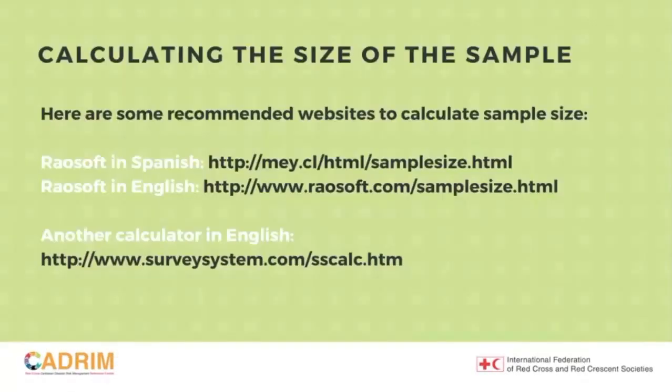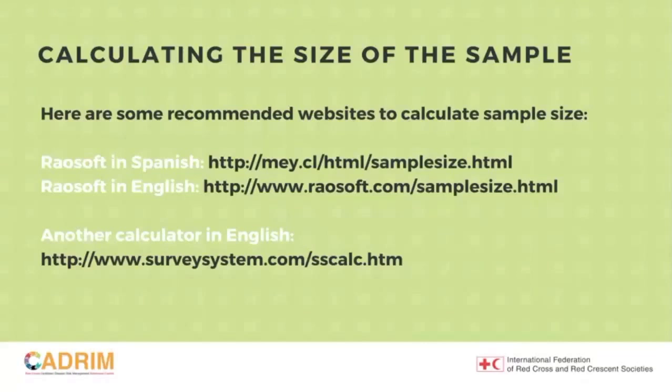So here are some recommended websites that you can use to calculate the sample size. These websites are a very good tool to determine the number of people that you are going to select to implement the survey.